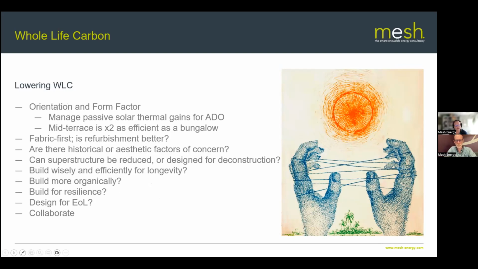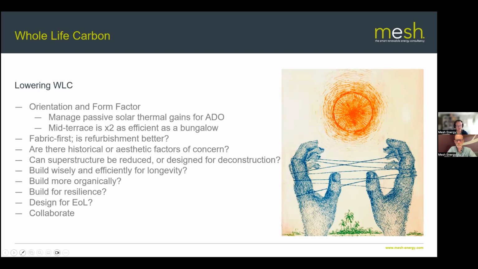So how do we lower whole life carbon? Well, it's a bit of a cat's cradle. Imagine each finger is a variable in the design, and they're all linked by a thread. When you pull on one aspect of the design, it's bound to have a knock-on effect on some other aspect of the design. So really, there are some classic considerations to be had.